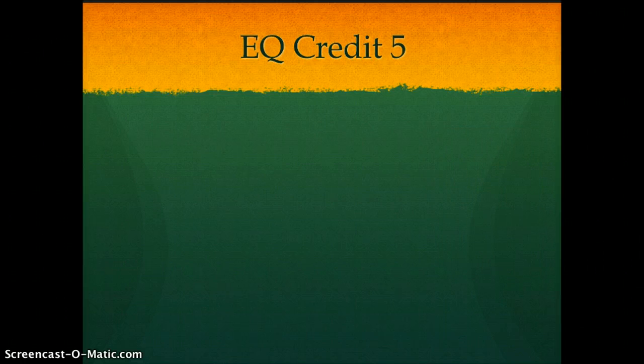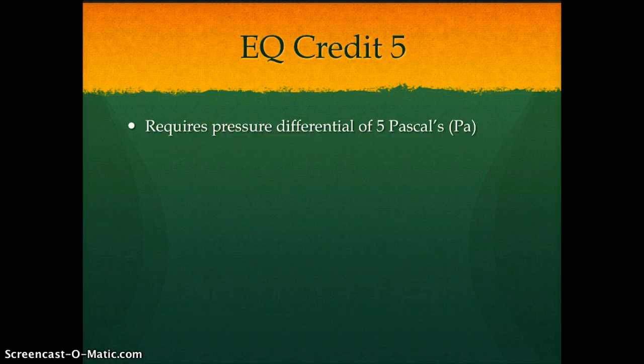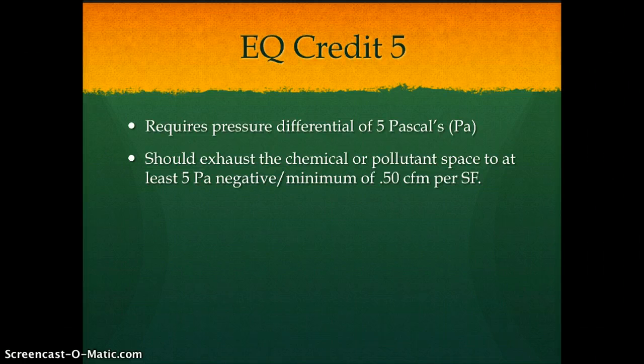This credit requires a pressure differential of 5 pascals between the area with the chemical or pollutant source and the adjacent areas. The recommended approach is to exhaust the space with the chemical or pollutant source to a point that is at least 5 pascals negative when compared to adjacent areas and a minimum of 0.5 cubic feet per minute per square foot.